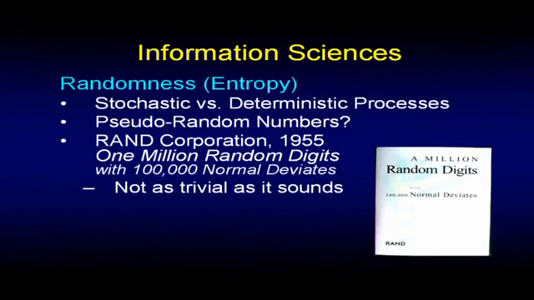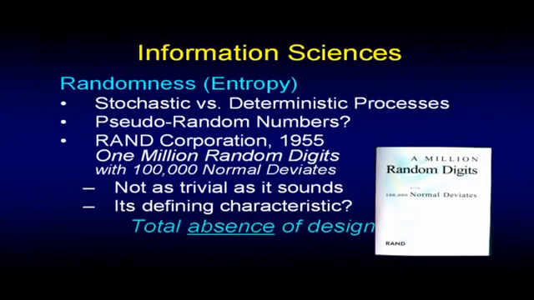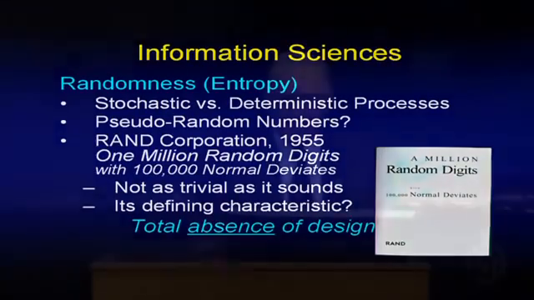I'm going through this to get across to you how the defining characteristic of a collection of random numbers is what? The total absence of design. I want to get that across to you because we live in a culture that astonishingly attributes design to randomness.